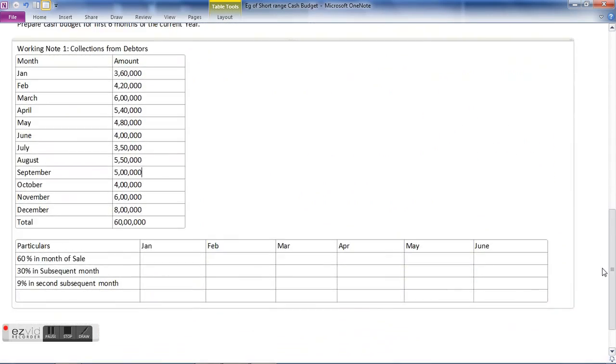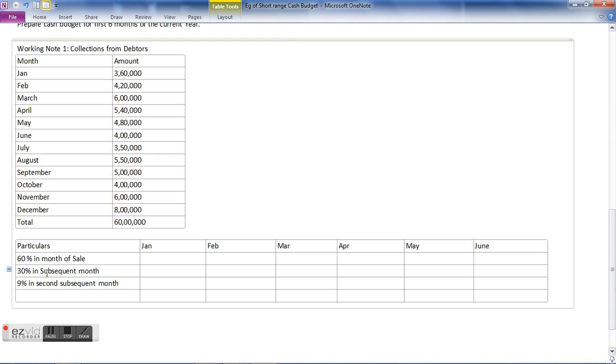Now this is the format of the working note that I have prepared. For convenience, I have copied all the monthly sales here, so it's easy for us to calculate. Let's prepare the working note. Now, Jan collection: 60% in the month of sale, that is 60% of the in-month sale.